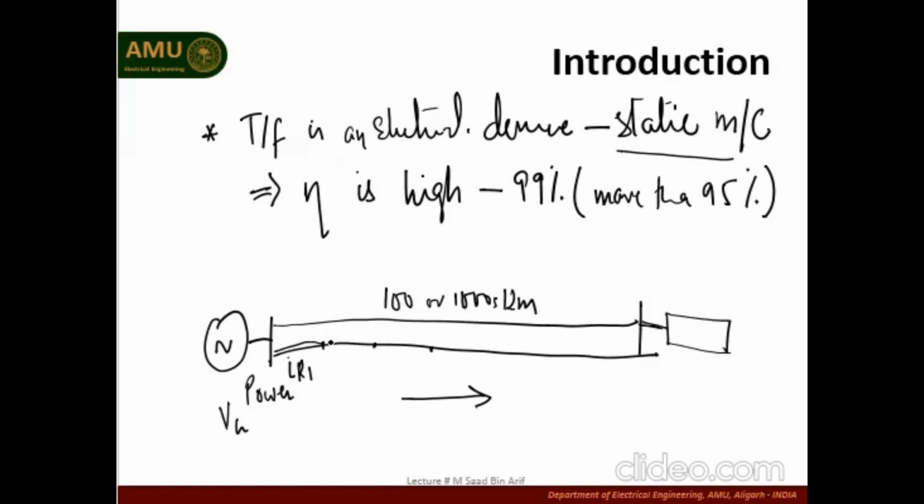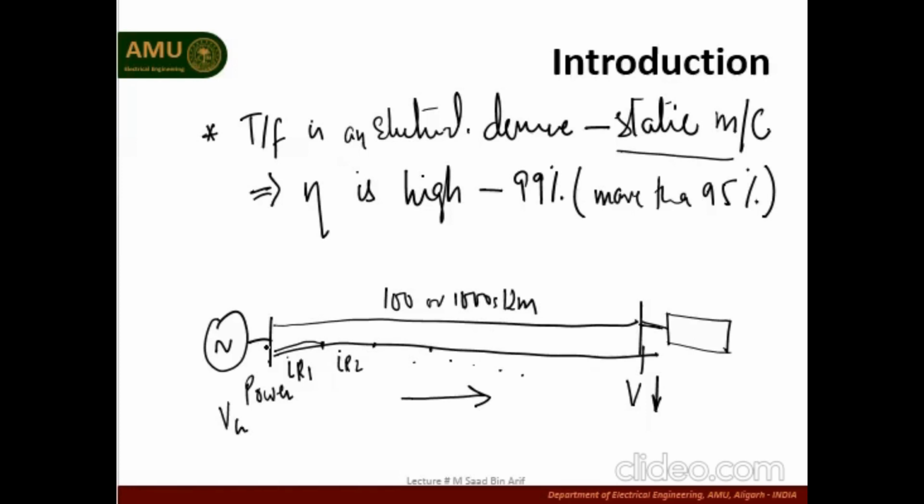Again, as the current flows onward, there is a further voltage drop of I into R2, and so on. It means that once the power reaches here, the voltage drop is quite high, which is not required. Also, there are lots of losses through the transmission line.